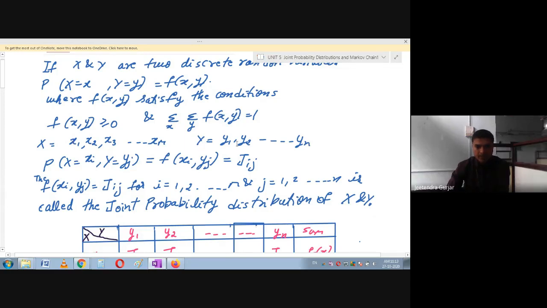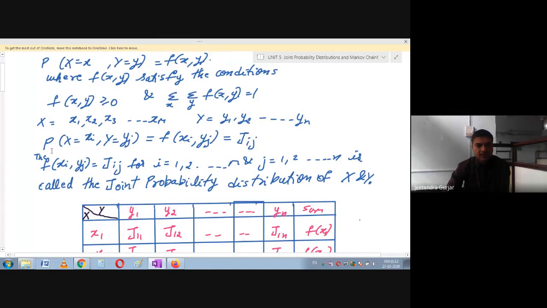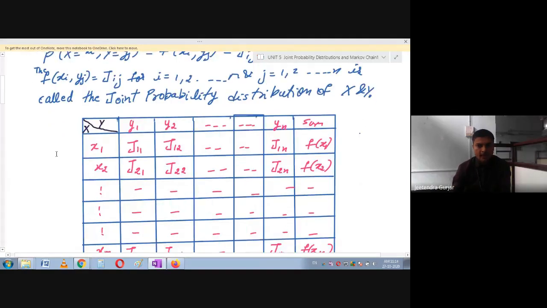If you join them, we take this as a discrete joint probability distribution. Now we'll start with our joint probability definition. The function f(xi, yi) equal to jij, for i equal to 1 to m and j equal to 1 to n, is called the joint probability distribution of X and Y.